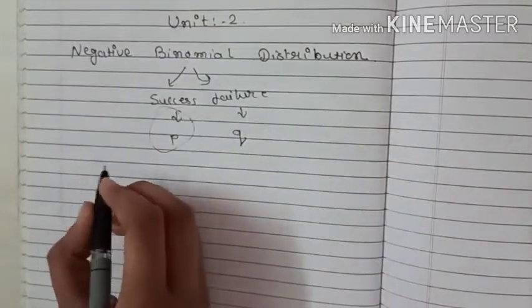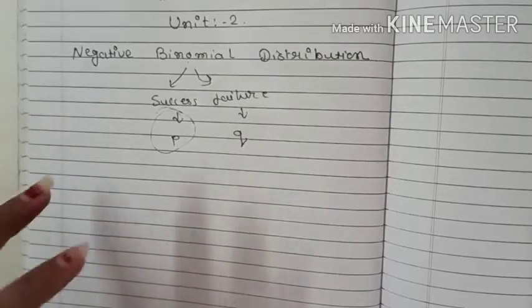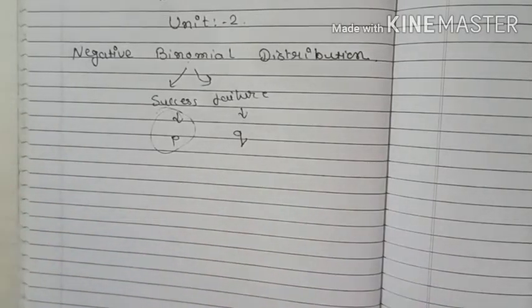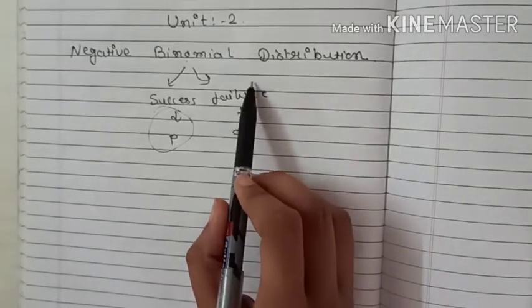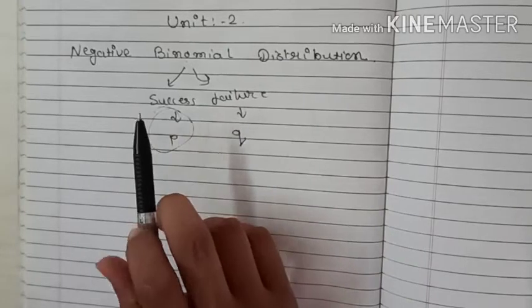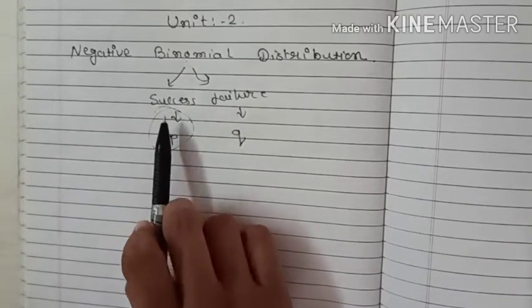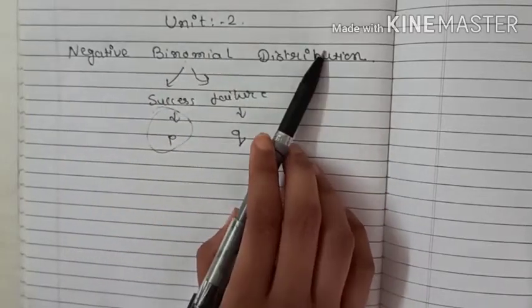Suppose a head or tail comes in coins, and we find the probability that the head will not come in the 10th trial or 5th trial, then it becomes a negative binomial. When we are talking about the failure before the success, the calculation of that probability is called negative binomial distribution.